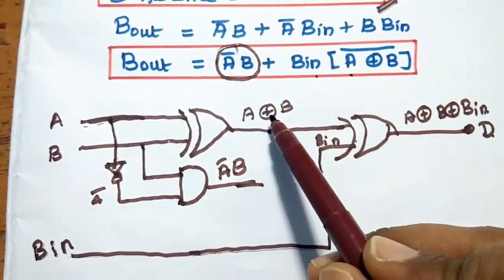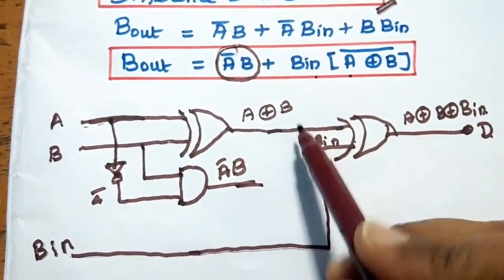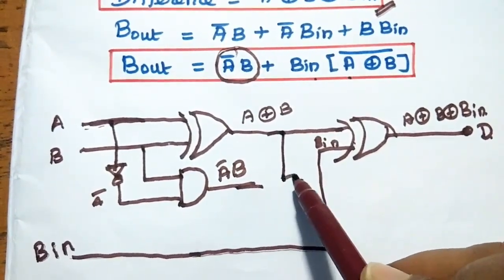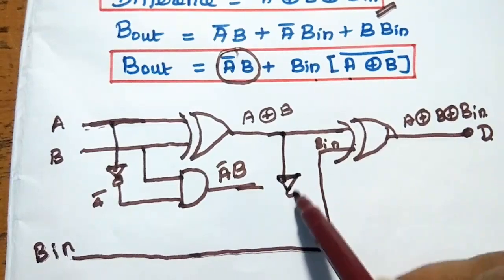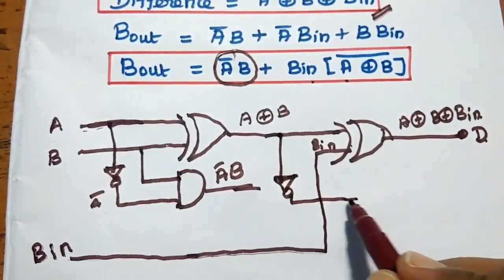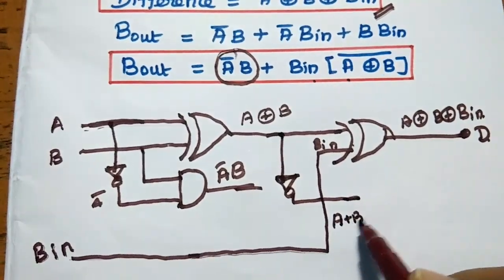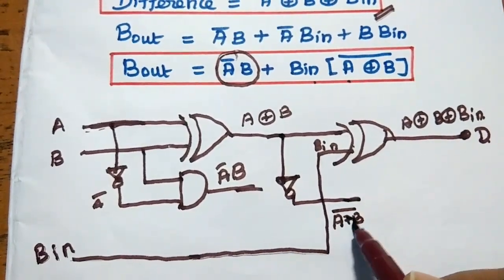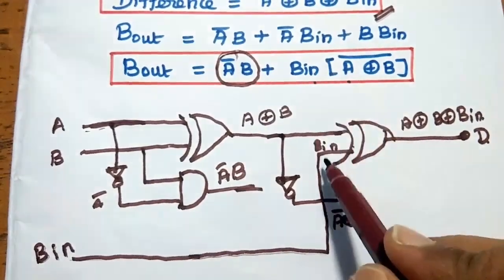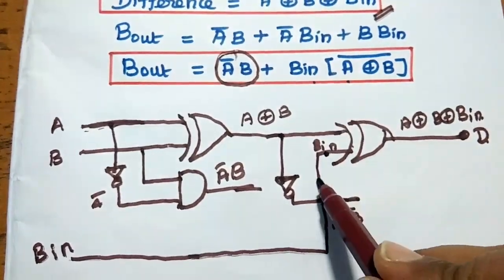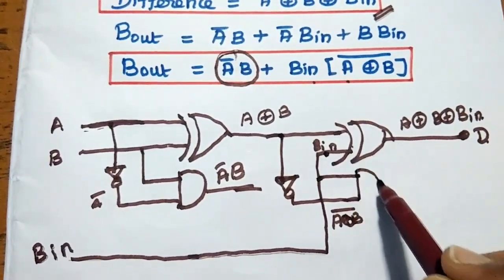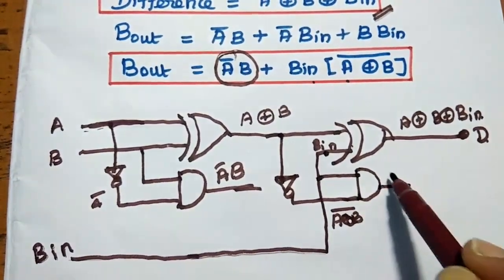Next, we are going to obtain this product. We have A XOR B already. Now we are going to take one NOT gate for this value. So here we have obtained the complement of A XOR B. That value is multiplied with B in. So here B in is there, we can take the B in as such. Both are given as input to one AND gate.